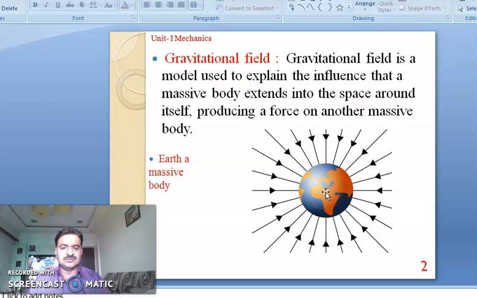Here you see this picture. It is a picture of Earth. Earth is a massive body, and you know there is an influence of this massive body, Earth, around itself.